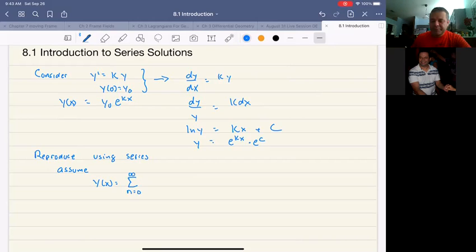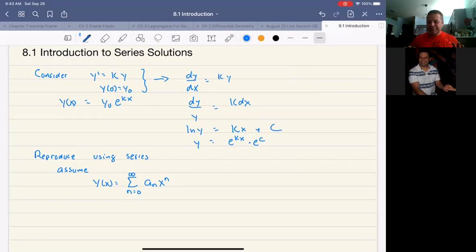So we assume that we have the sum from n equaling 0 to infinity of a sub n x to the power of n. And then we're going to plug that into the equation and solve.